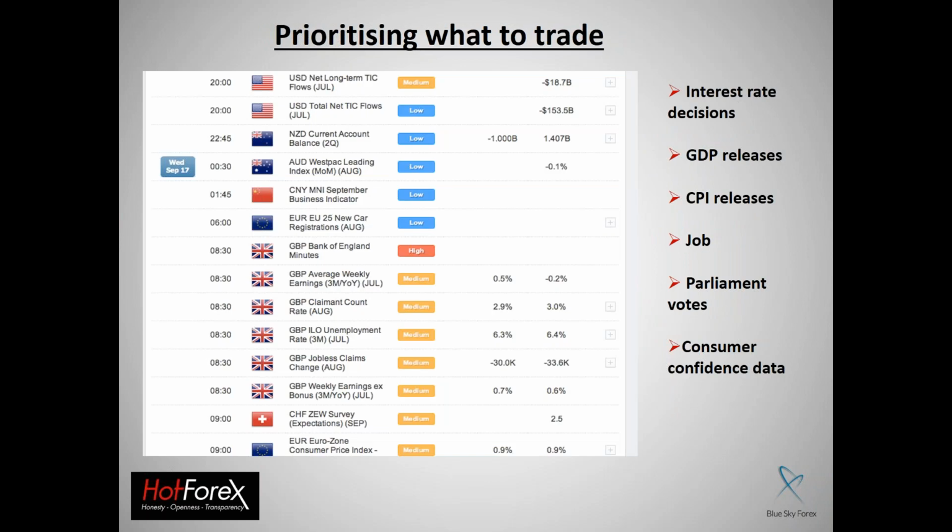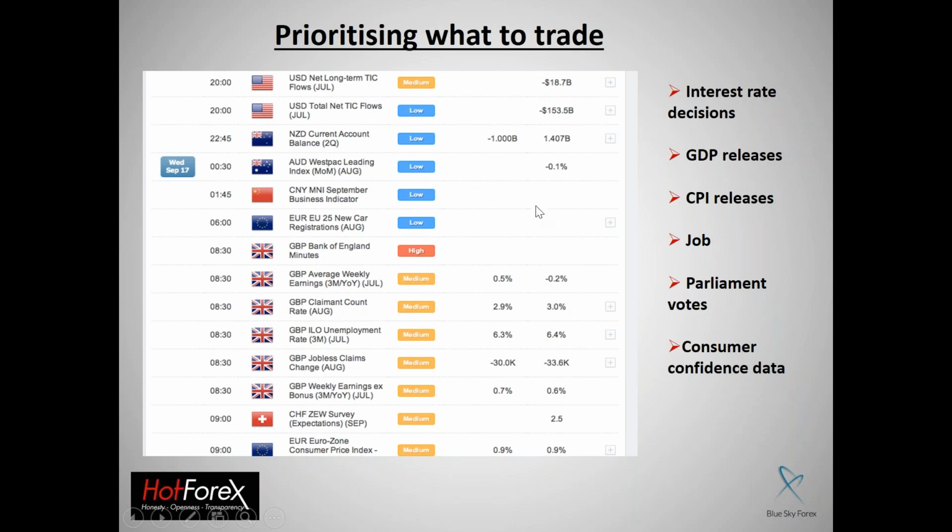Here's an example of an economic calendar. Here you see certain news coming up at different times, and also you see the importance: medium, low, high. In general, low will be blue, red will be high, and medium will be something like yellow.